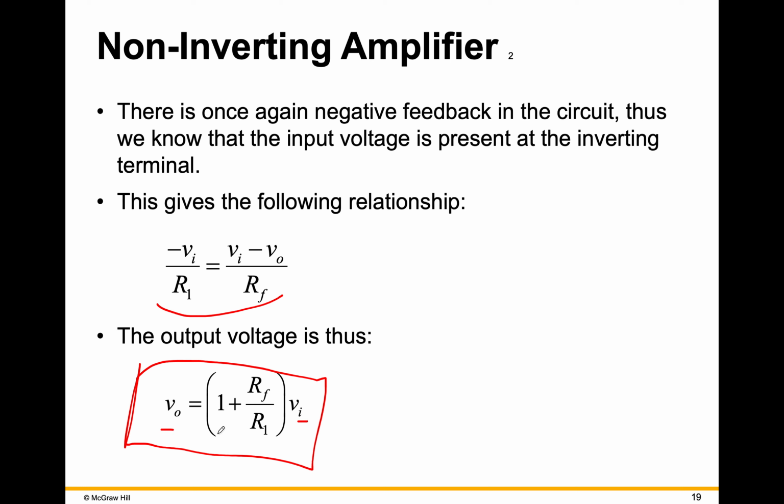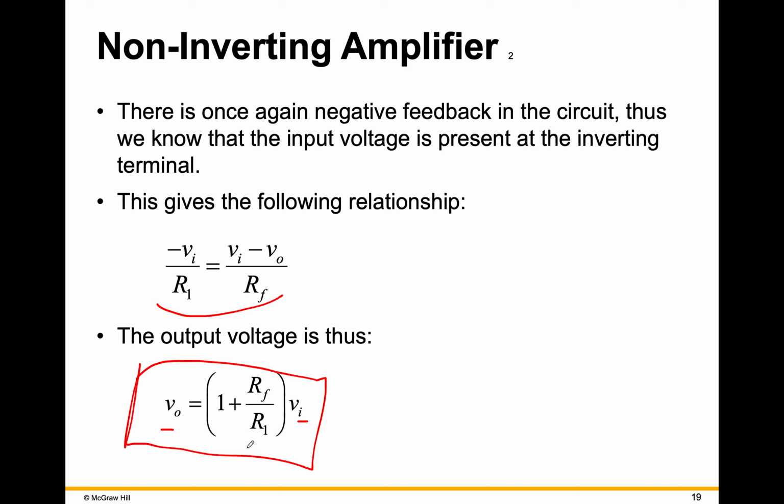Now, after you've simplified the mathematics, you find out that you don't get this direct RF over R1, you get 1 plus RF over R1. So you don't get a negative sign, so this does not invert the input, but you don't get a direct ratio between feedback and input resistor.